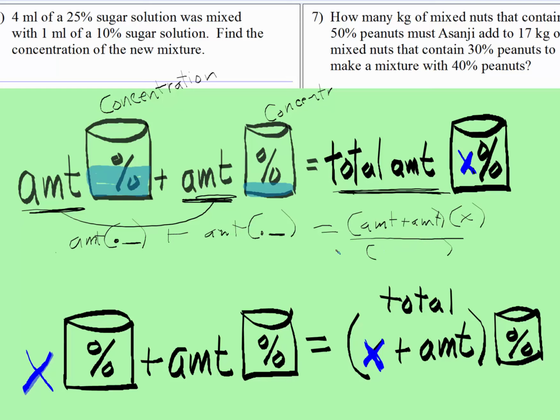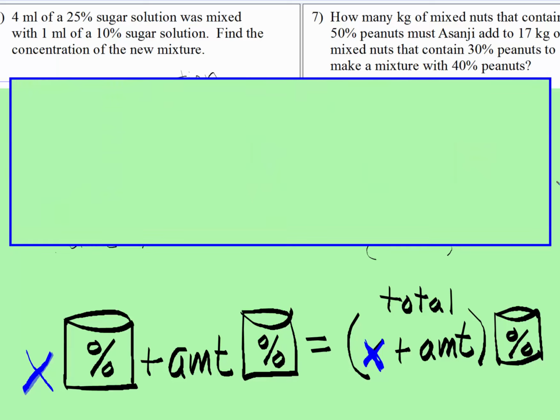Another setup would be, so let me cover this up, when maybe one of the amounts or maybe one of the concentrations is missing and you have to solve for it. So notice this X amount is missing. So when the total amount gets added together, it's still amount plus amount. And then you're going to have to get the X's once you simplify. So X times this percent plus amount times this percent.